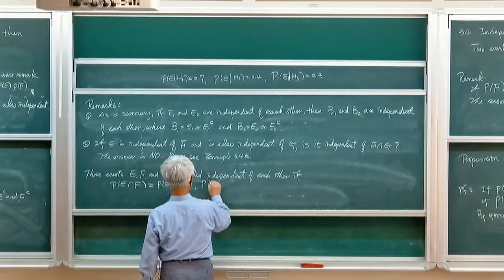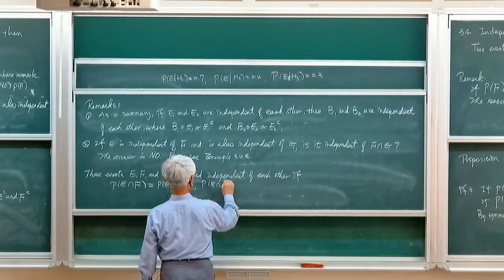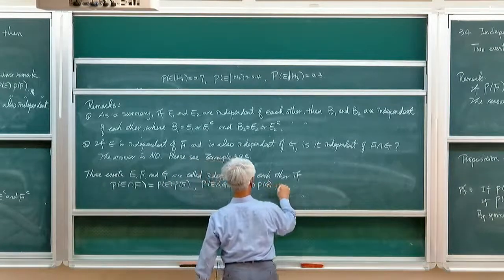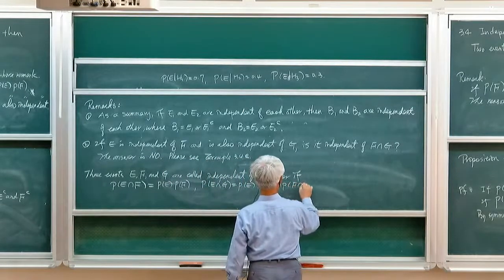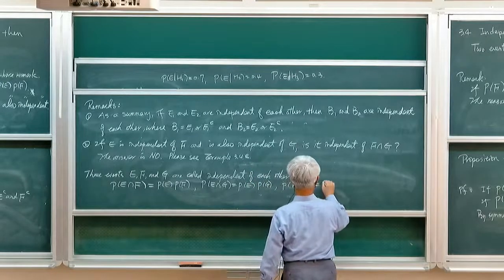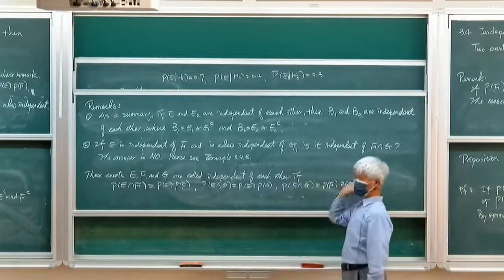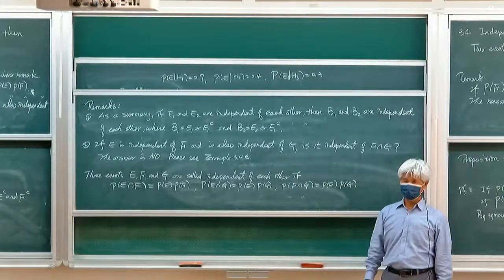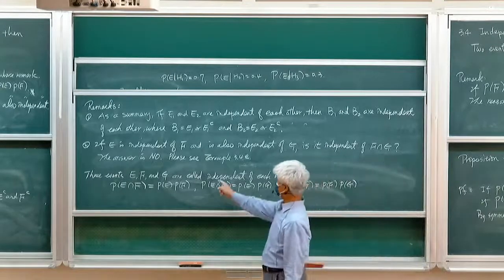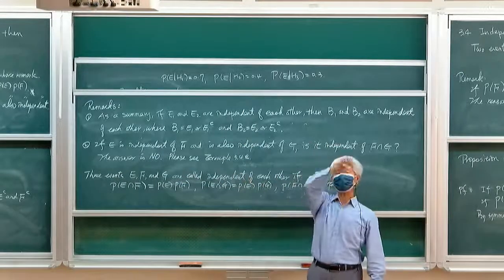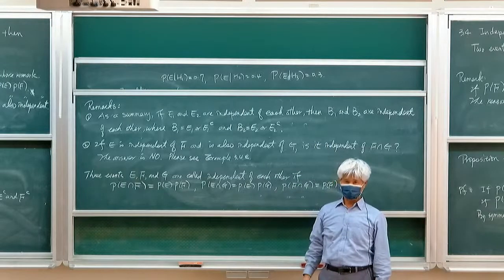And similarly, for the other two cases. So this is a pairwise situation. But we are talking about independent of each other, so we talk about the three events together. We say that these three events are independent of each other.